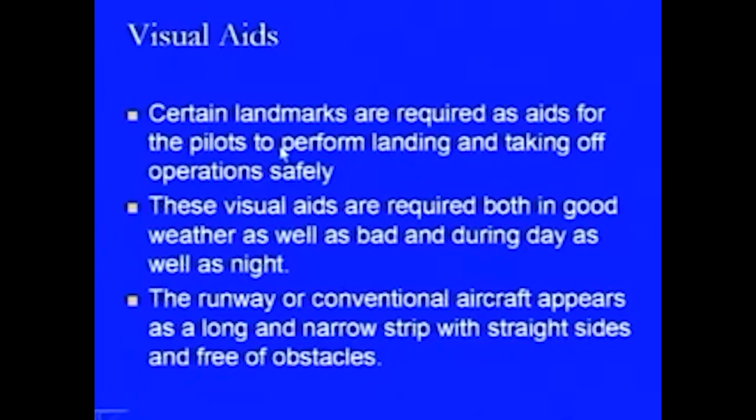If we look at any runway strip, or at any such operations, then what we find is that those runway strips which the aircrafts are using look like long and narrow strips with certain straight sides which are defined, and we will find that they have been marked in a certain way, so that we can clearly distinguish between the strips being provided and the surrounding areas, and in all cases these are going to be free of obstacles.